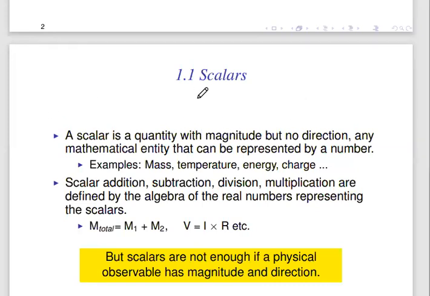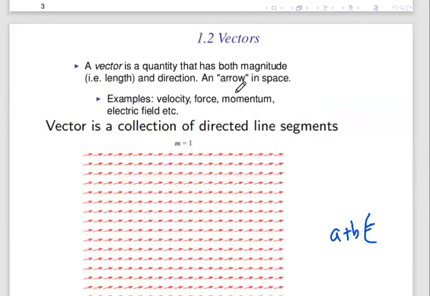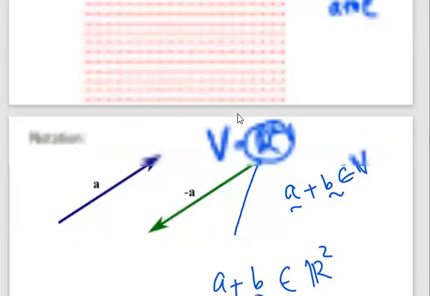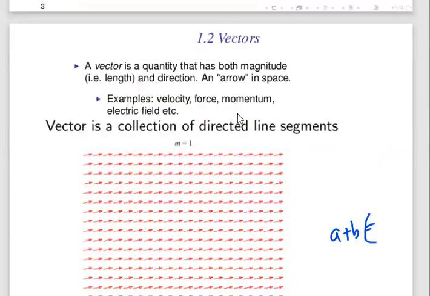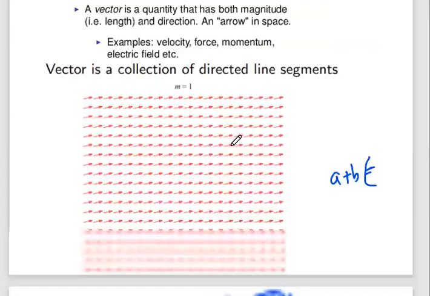So we have an idea about the difference between scalars and vectors. A vector has two quantities, magnitude as well as direction, but a scalar has one property, only magnitude.